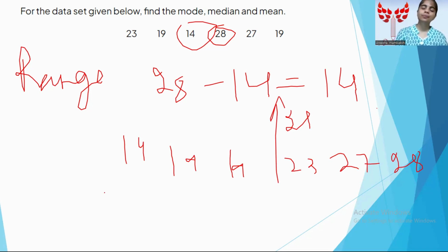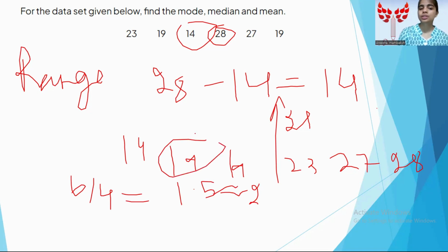Now we will look at the upper quartile and lower quartile. There are 6 values, so 6 upon 4. We were rounding it up, if you remember. That is 1.5, round up to 2. This is your Q1.